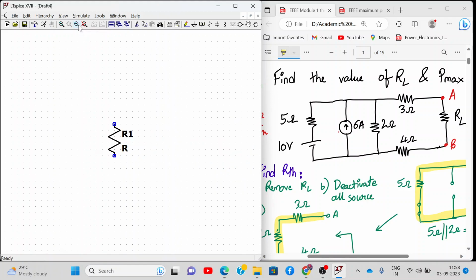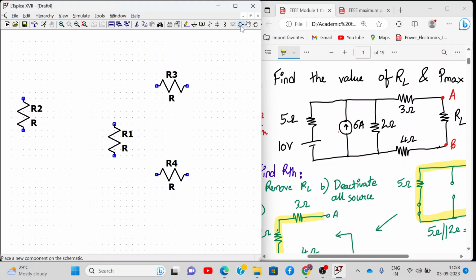Then I'll add a resistor over here also, and I have two resistors. To rotate the resistor, I'll press Ctrl R. So I've taken a resistor, Ctrl R, and here also I have pasted it.